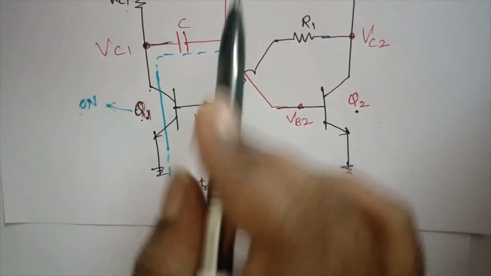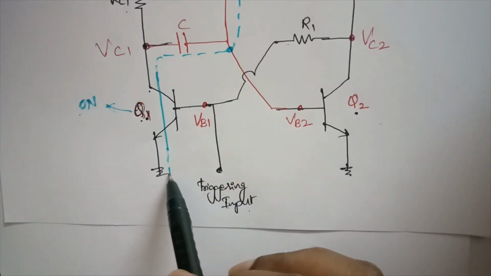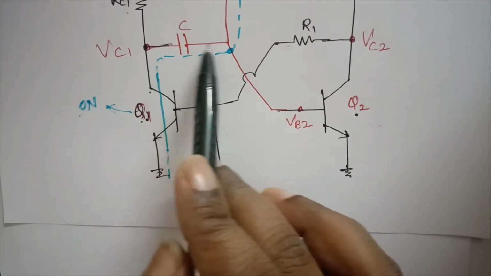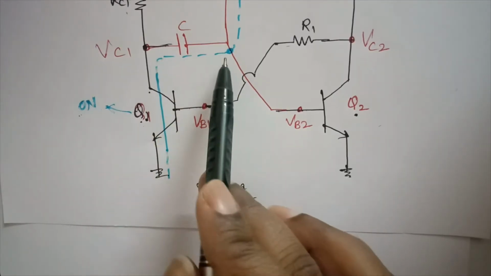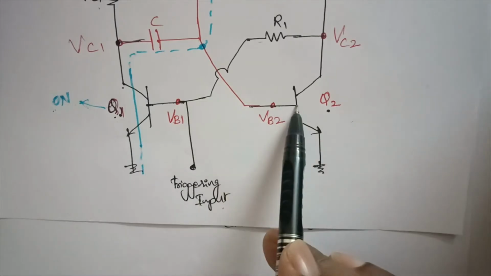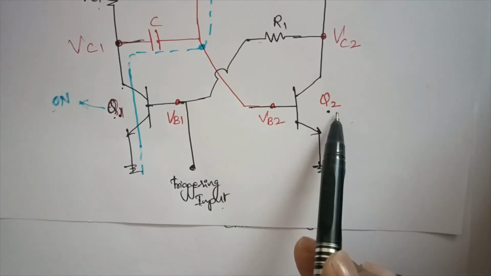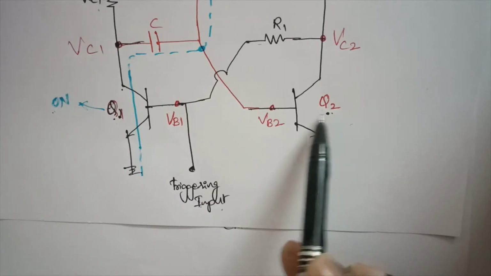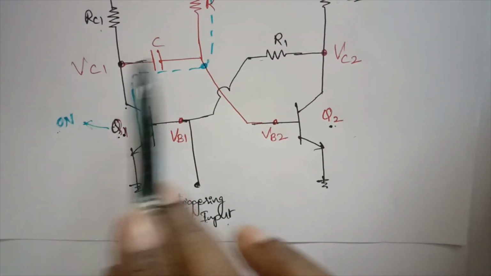When Q1 is on, we are getting this path, so the capacitor starts charging. Up to VBE the capacitor charges, and when it reaches VBE, again this transistor is turned on. So this operation is continuous.